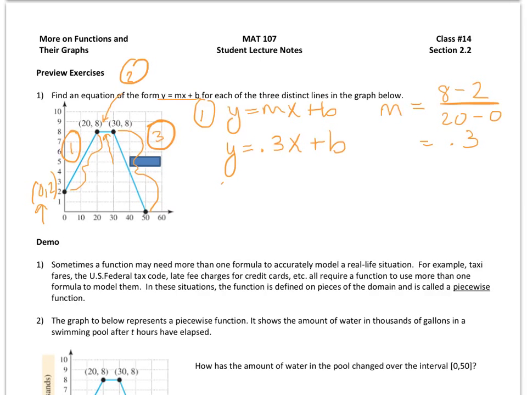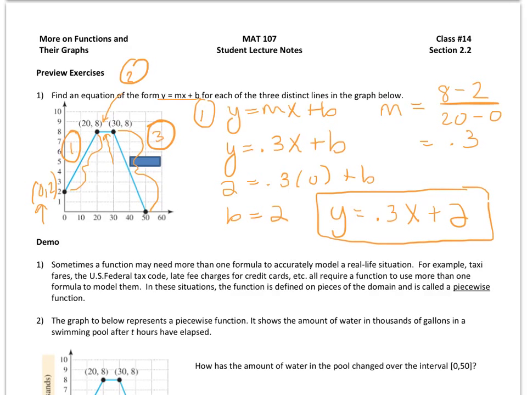So my y-coordinate is 2, 0.3 times 0 plus b. So 0.3 times 0 is 0, so it turns out that b is 2 here. That's my y-intercept. So the final equation of that line 1 is going to be y equals 0.3x plus 2.